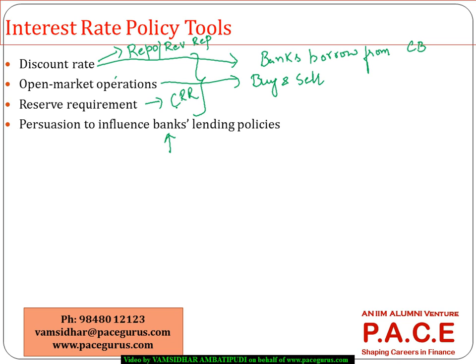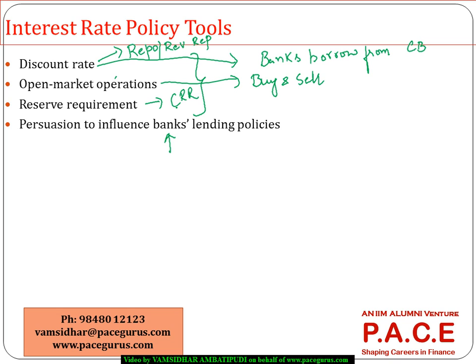This is a kind of deposit which every bank has to maintain with the central bank. If I am saying the CRR is 8%, on every deposit which the commercial bank is getting, 8% of that deposit amount.